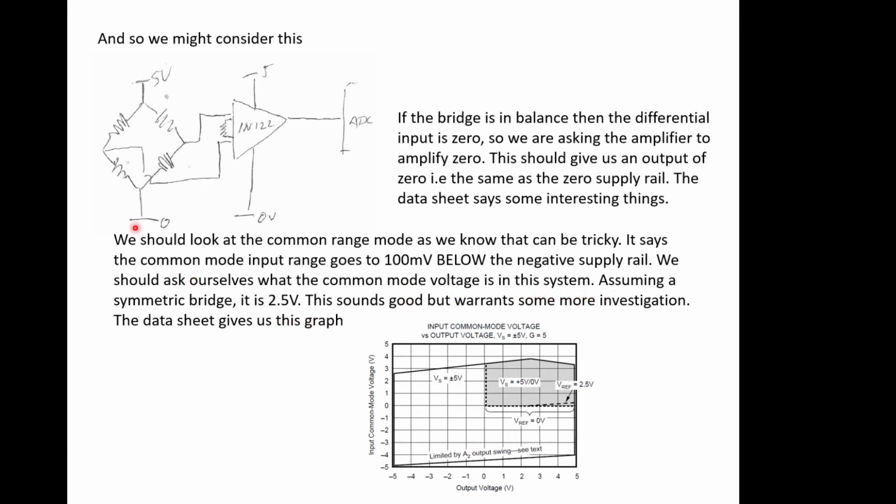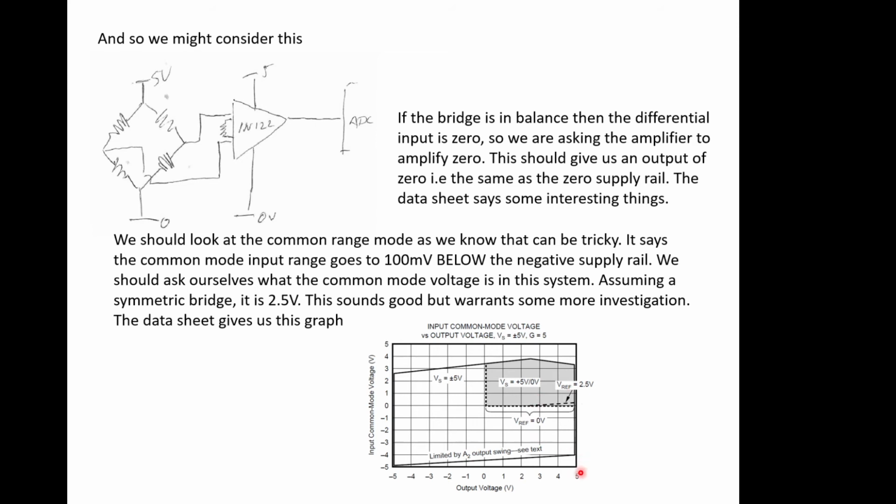Assuming a symmetric bridge, the common mode voltage is actually 2.5 volts here and 2.5 volts here, so the common mode is 2.5 volts, but the differential signal we're interested in amplifying is 0 because it's the difference between the two. So we're on a 2.5 volt common mode, which sounds good, and we need to then dig into the data sheet to find the common mode range and see what's going on in there.